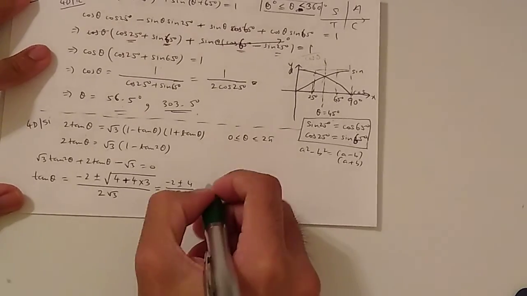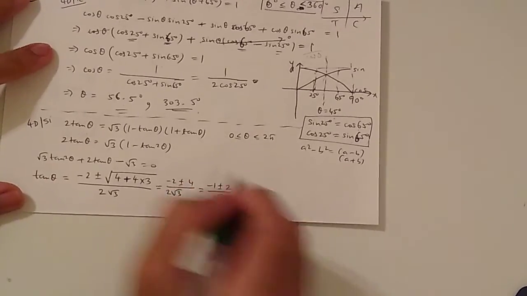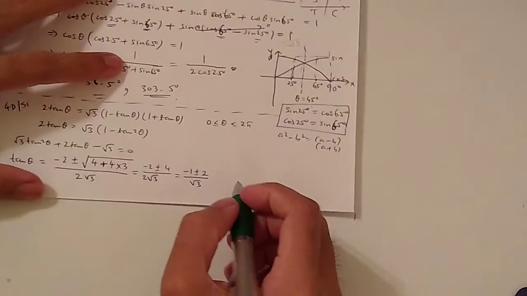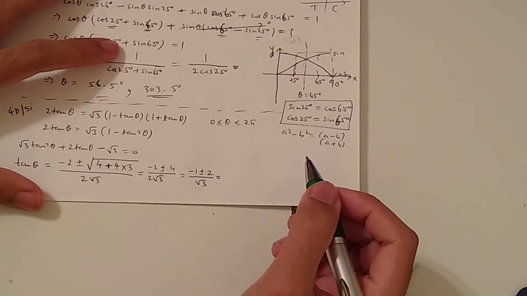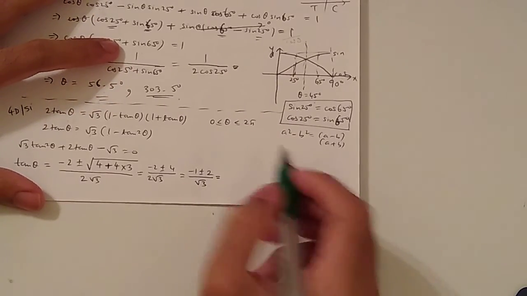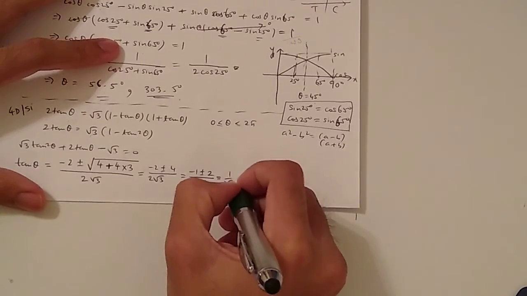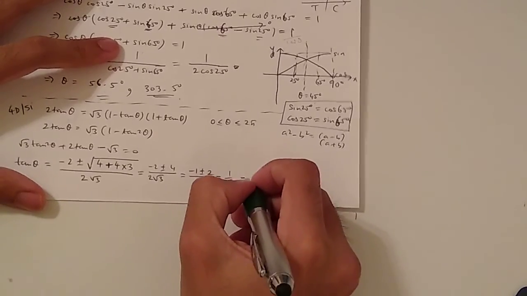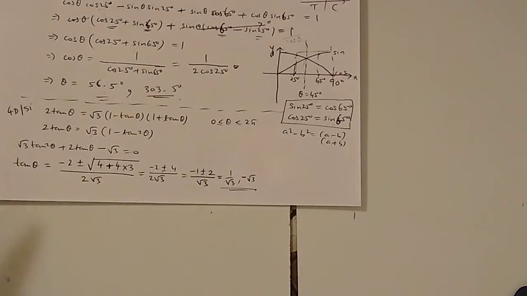You get minus 1 plus minus 2 divided by root 3. In other words, we have 1 by root 3 and minus root 3. So these are two answers for tan theta.